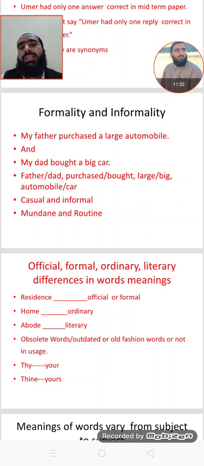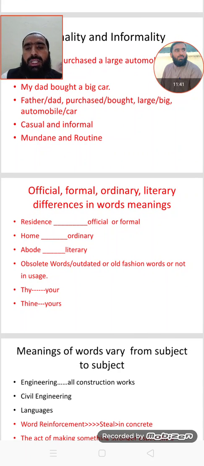So we will take it that some words are formal and some words are informal. We will be looking at the demand of a sentence. Remember, casual and informal words are there, mundane and routine words are there. When we are writing formal letters, we are using formal words. We have this demand to use formal words.